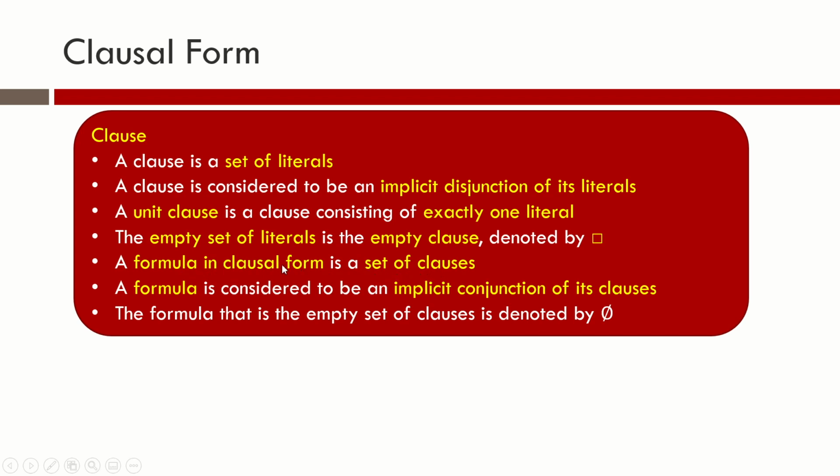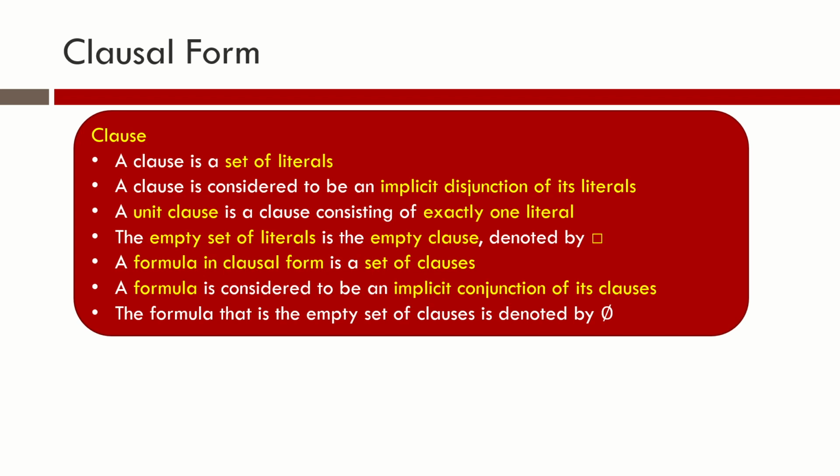A formula in clausal form will be a set of clauses. A formula in conjunctive normal form is represented as, say, (P or Q) and (P or Q or R). When it is represented in clausal form, it will be written as the set {P, Q}, comma, the set {P, Q, R}.